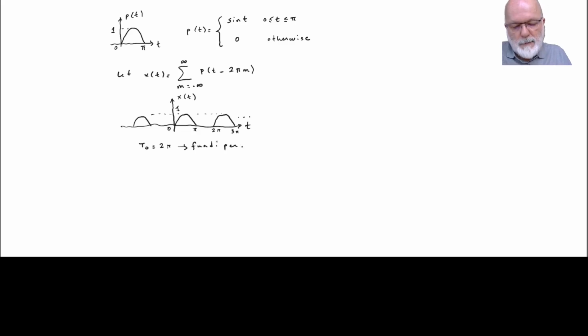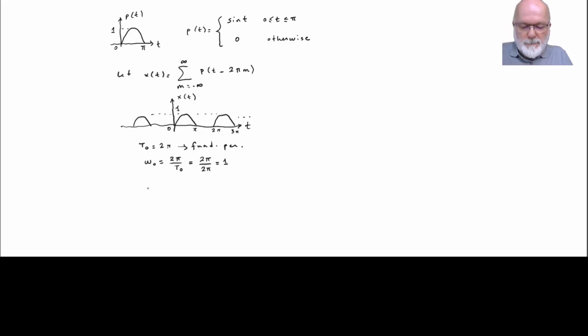Therefore, omega 0 is equal to 2 pi over T0, so it is equal to 2 pi over 2 pi. Therefore, it is equal to 1.